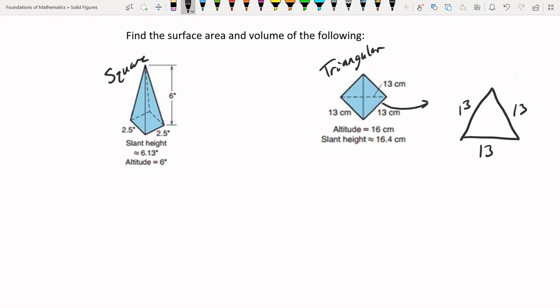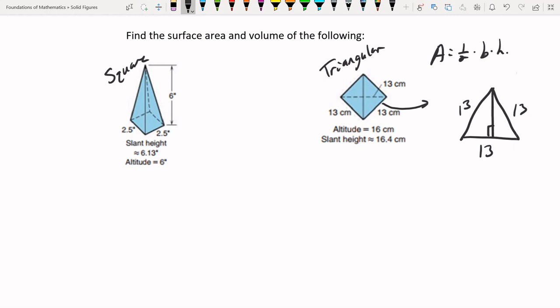Now we're trying to find the area of this triangle. We need to know what the area is to find the rest of it. To do that, we do not know what the height of this triangle is. The area is 1/2 base times height. The height is going to be this distance here.